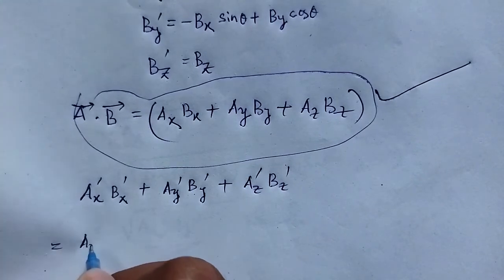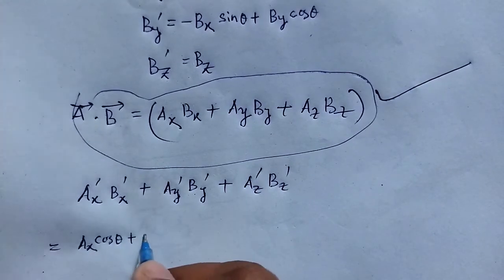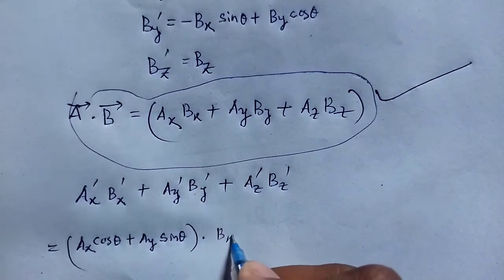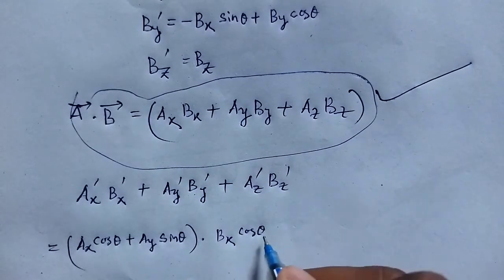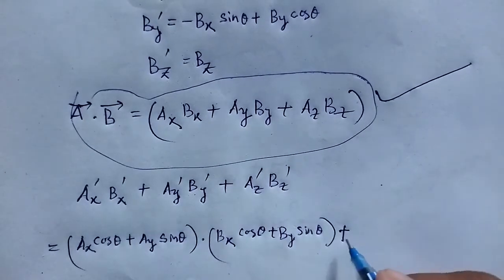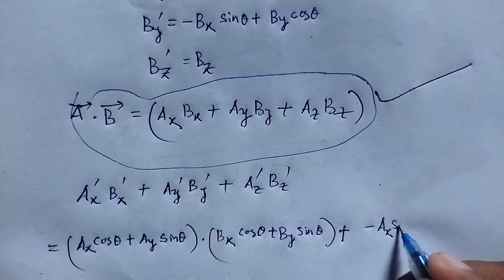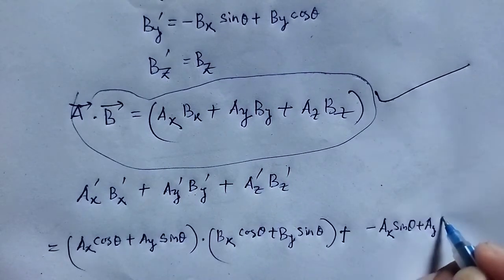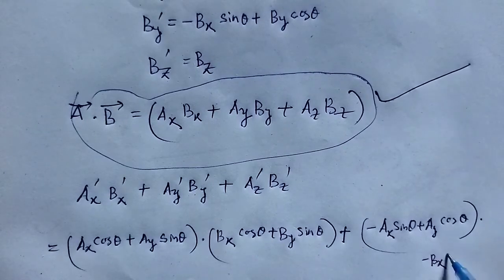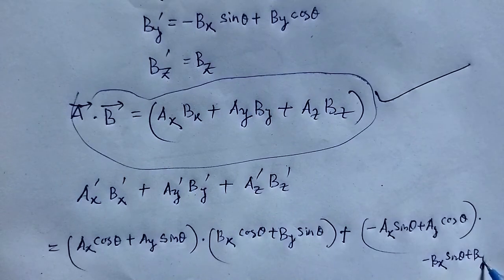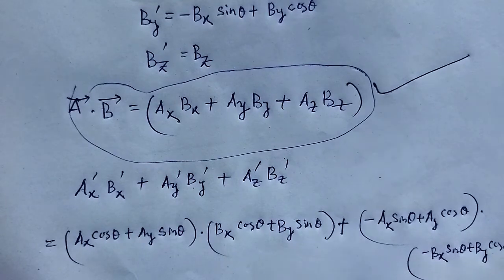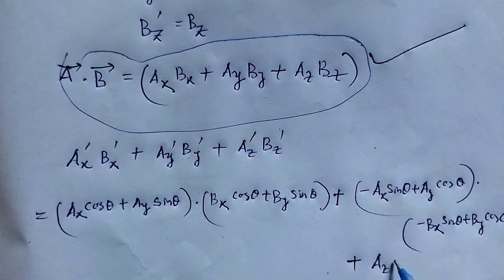Put in the values: ax cos theta plus ay sin theta, multiplied by bx cos theta plus by sin theta, plus minus ax sin theta plus ay cos theta, multiplied by minus bx sin theta plus by cos theta, plus az bz.